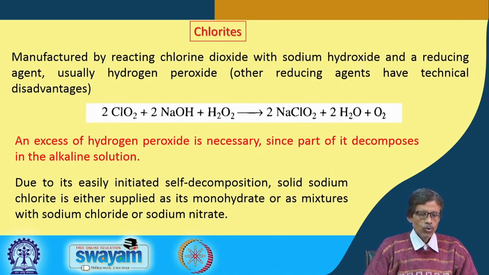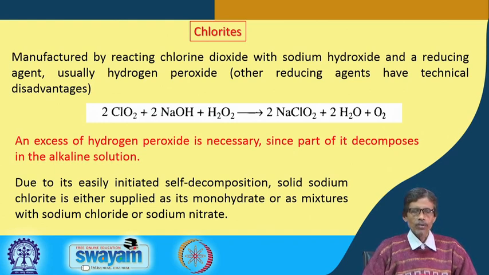So, solid sodium chlorite is supplied either as its monohydrate, crystallized taking the water molecule produced from the reaction medium as its water of hydration, or as a mixture of sodium chlorite and sodium nitrate, because sodium nitrate can be utilized for stabilizing the sodium chlorite itself. Sodium chlorite, like hydrogen peroxide, can also undergo a self decomposition reaction.